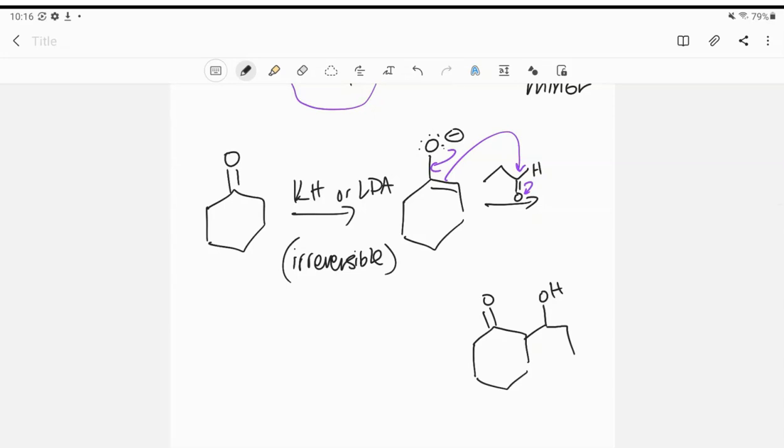Of course, we can condense it if we put the heat as well. So just remember, aldol and aldol condensation, the only difference is the presence of heat. So if you have heat, you're going to draw the condensation product. Without heat, draw the aldol product. I will write that.